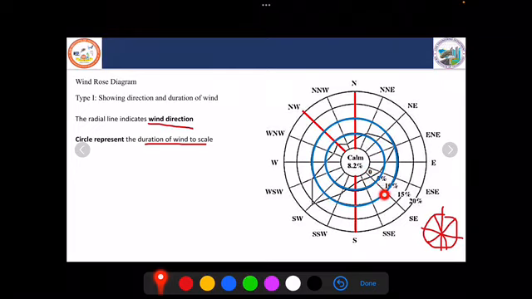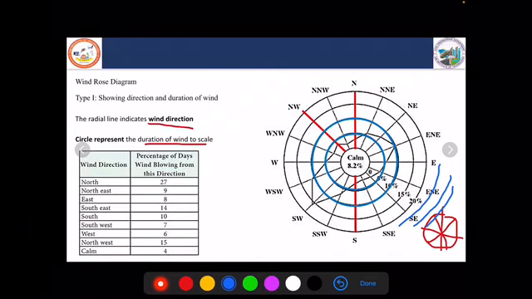We will look at that further. Similarly, the next circles indicate wind durations of 5%, 10%, 15% and 20% respectively. Here also you can increase the number of concentric circles. The divisions and their scale have to be chosen in such a way that they match the data available to you.